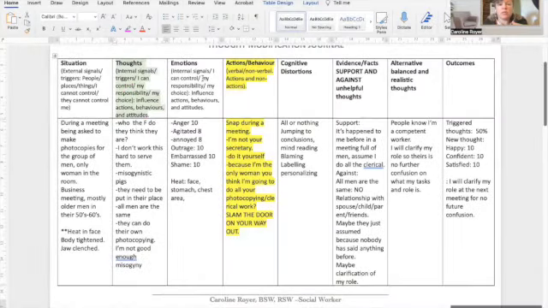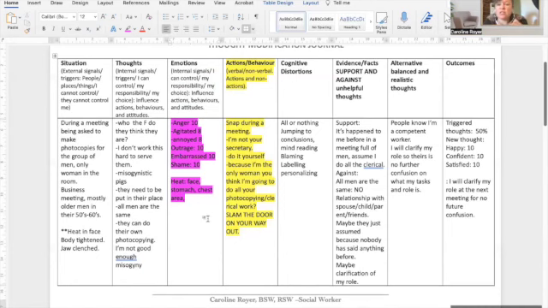All right, so now we look at the emotion part. The emotion, again, is our internal signals that you can control, that you're responsible for, that influence the actions and the behavior. So in this situation, there was anger, and we rate it as a 10. Again, every emotion we're going to rate.